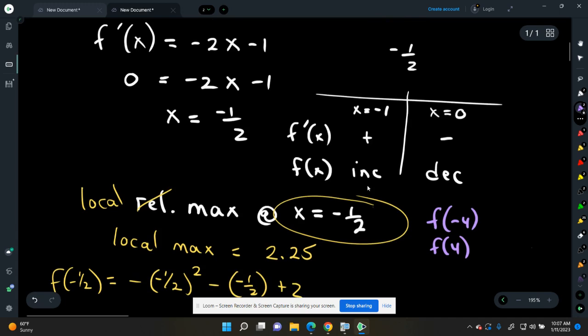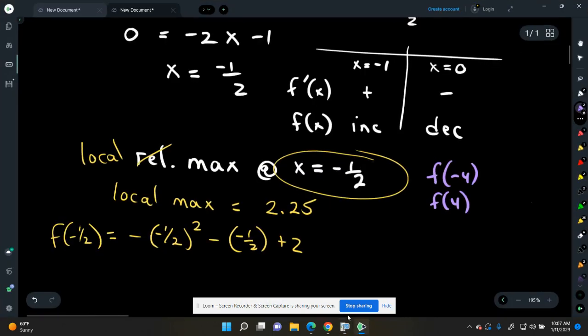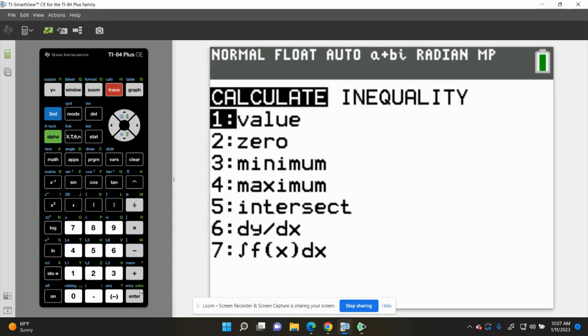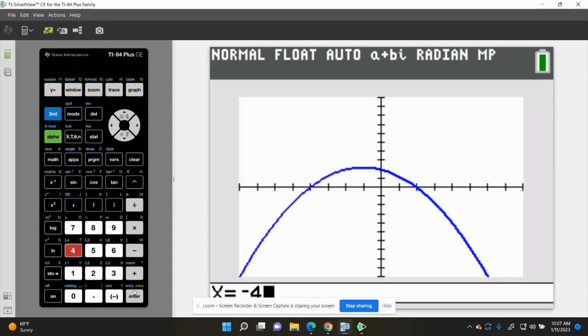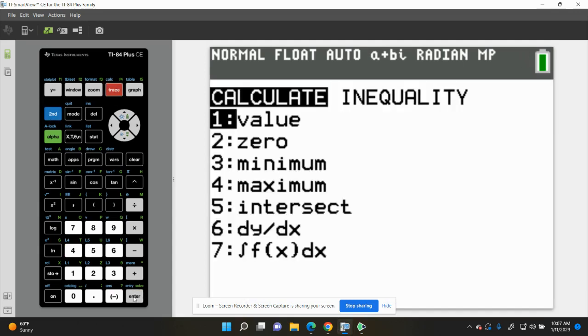We know the behavior of a quadratic function. It's not going to change direction again. But if we wanted to double check that, f of -4 is -10.